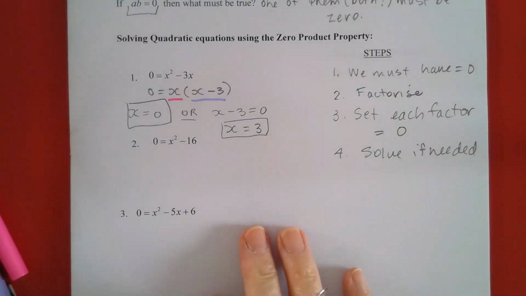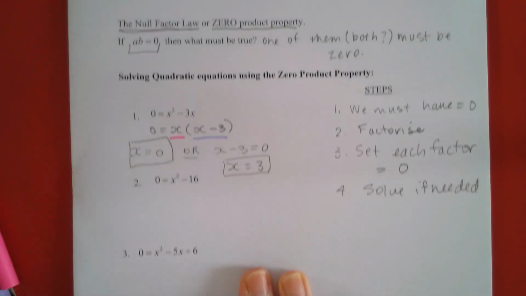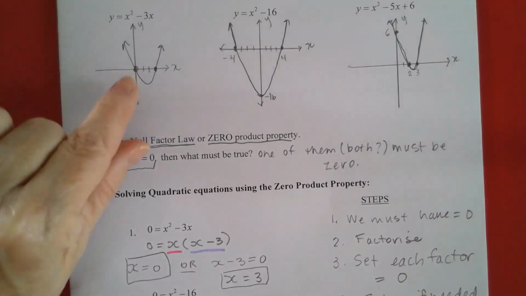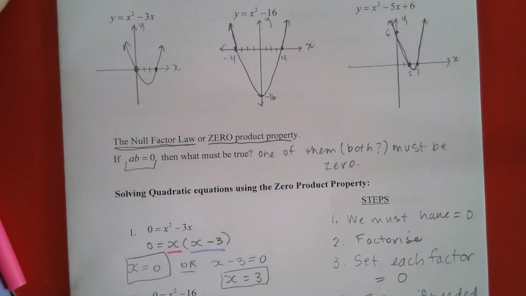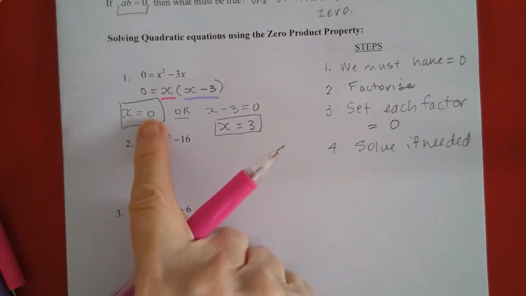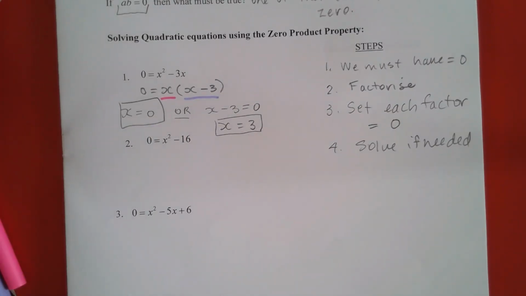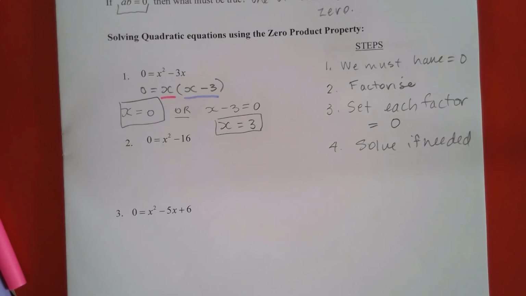Now, look up above, straight above, where we put y equals x squared minus 3x. Where did it go through the x? 0 and 3. Okay, so the things we're finding are the x-intercepts. See?